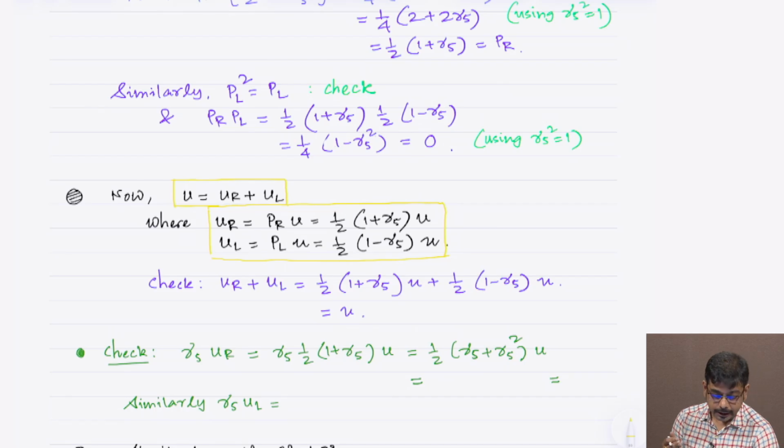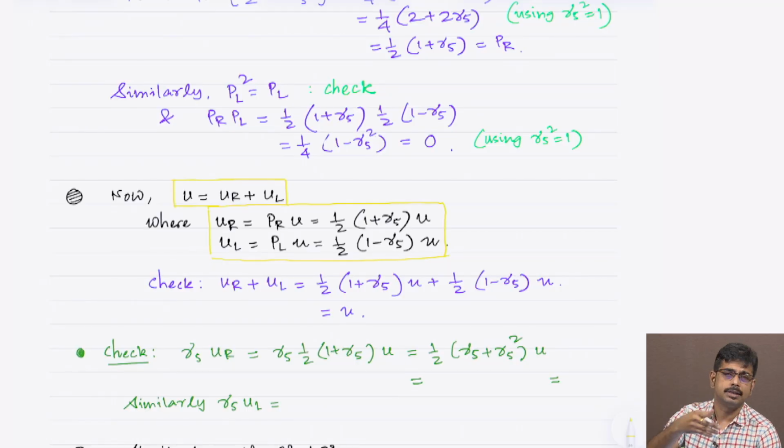Is this point clear? So, that basically means that you can always bifurcate the spinor into right chiral projection plus left chiral projection, where the right chiral projection is defined by half into 1 plus gamma 5 U, and the left chiral projection is defined as half into 1 minus gamma 5 U, or in a sense you can say PR U and PL U in our language.